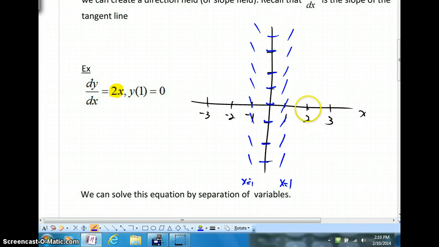And we could keep going. What about when x is equal to 2? 2 times 2, we'd have 4. So we should see steeper. And in fact, right now, maybe I'm not making it steep enough, but just like so. At 3, we'd be at 6, even steeper still. Wow.